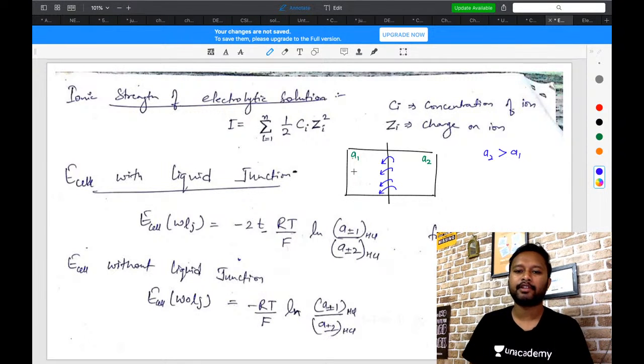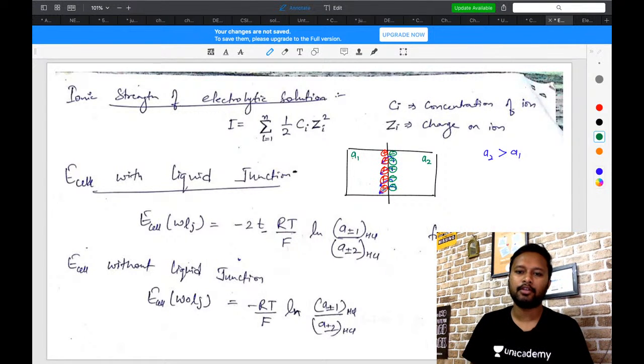After some time, on this side more positive charges are going to come and stay near this junction. More positive ions are going to stay over there. Now because more positive ions are here, obviously to balance or counter those charges, negative ions will come to this particular junction.